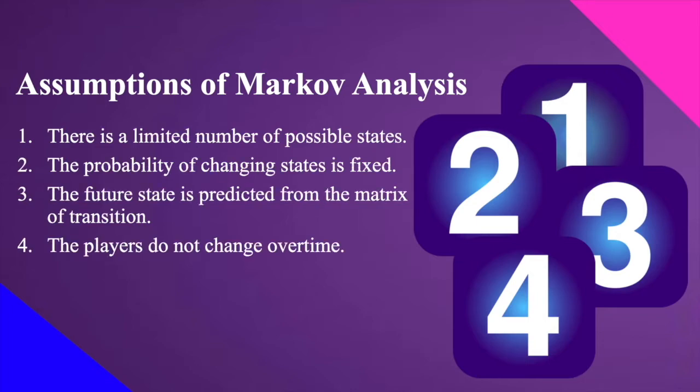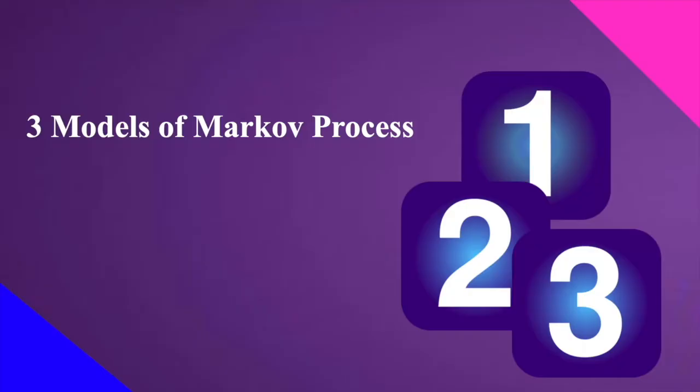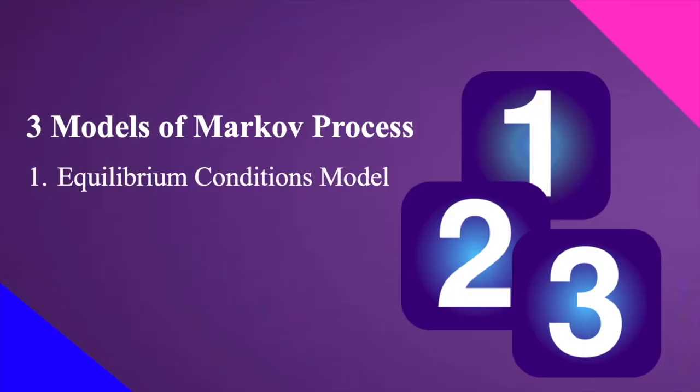Next, for our next part of the presentation, we have these 3 models of the Markov process. First one, this is the equilibrium conditions model, which is, ito po yung magiging focus ng presentation na ito, no, all about the first model only. Again, equilibrium conditions model. For the second and the third one, this will be our next presentations. Bukod po siya na video. No, for the second, this is the Gauss-Jordan method.